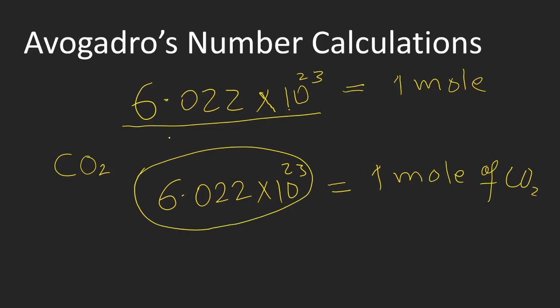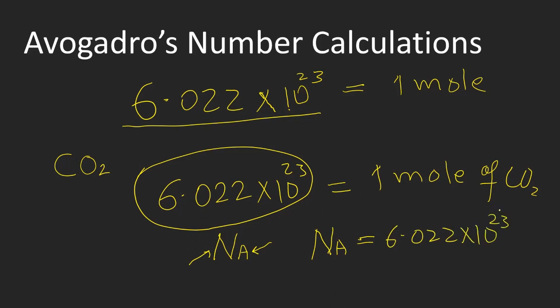Now, that number can be represented by N, A. Both are written in capital, but A is written in smaller font. So in NA, A means Avogadro's and N means number. So whenever we say NA with capital A, not small a, which is sodium, this means the number 6.022 times 10 to the power 23.